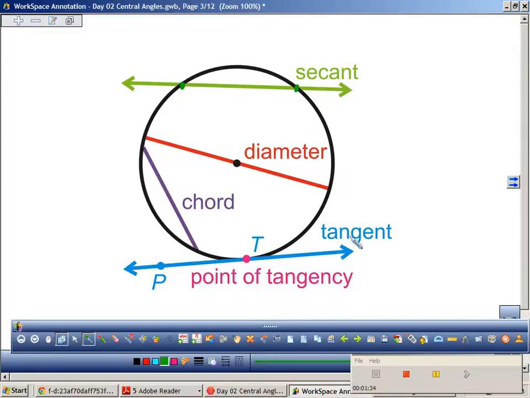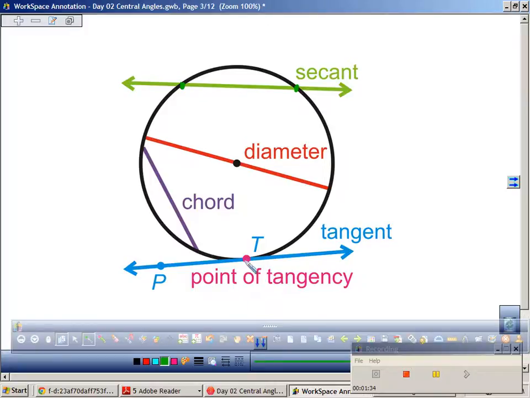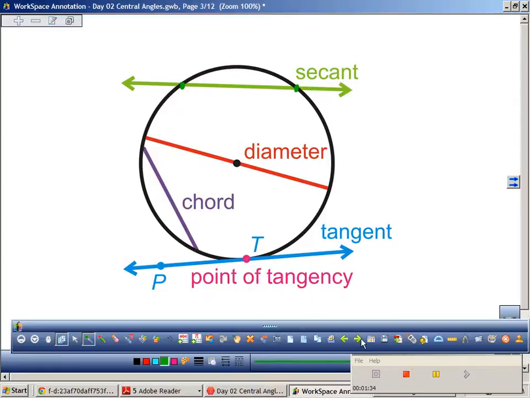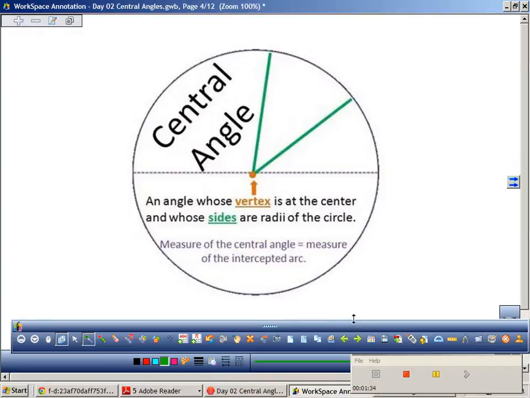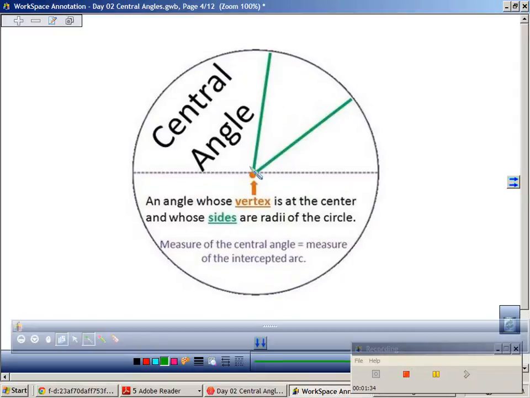And then the difference between a secant and a tangent is that a tangent only intersects at the point of tangency, or just right on the very edge of the circle. It's only touching it in one spot. Alright, so today we're going to talk about the central angle. The central angle is an angle whose vertex is at the center and whose sides are radii of that circle.